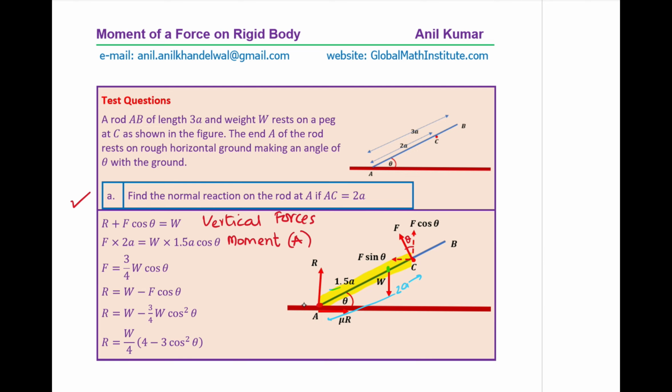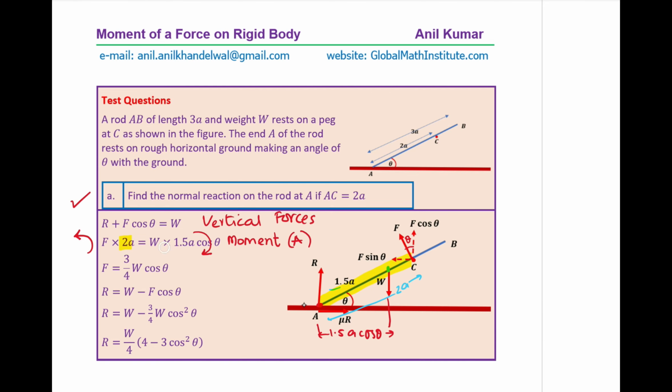We know this distance is 2A, and the moment is basically, in this particular case, counterclockwise. And this is equal to the clockwise moment because of the weight. Now, weight is acting at this distance, correct? So that is 1.5 A cos theta, right? So this distance is 1.5 A cos theta.